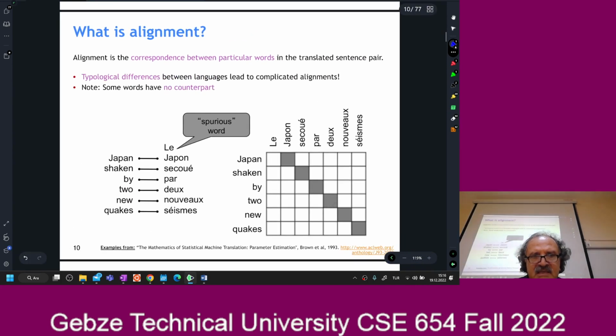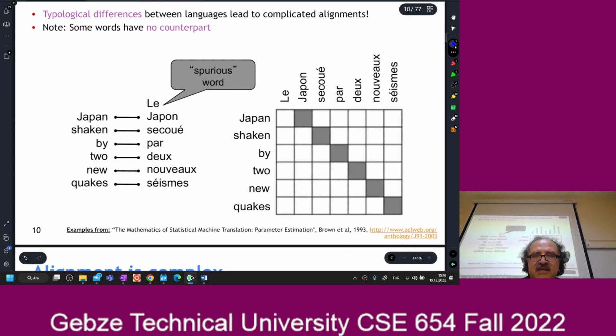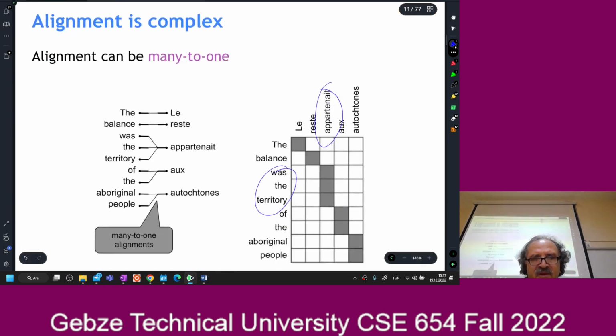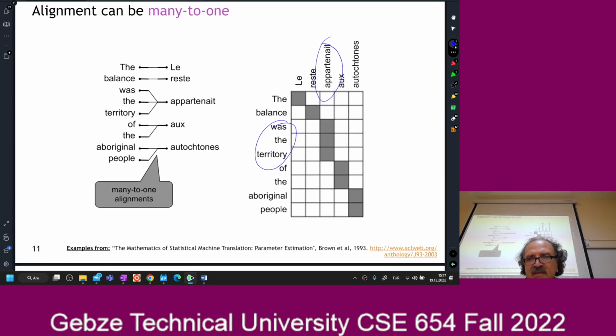By the way, this is nice. English and French look like each other. They are similar to each other. My alignment matrix is like this, diagonal. That means these two sentences are very parallel to each other, with a word by word correspondence between French and English, but it is not always the case.